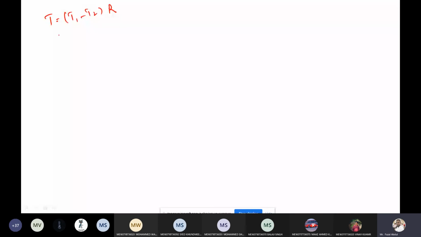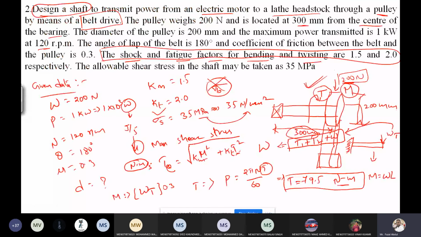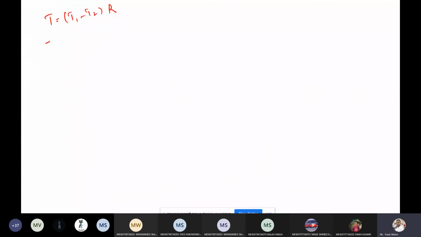The total torque we just calculated is 79.5. So 79.5 equals T1 minus T2 times R. The diameter of the pulley is given as 200, so the radius is 100. So T1 minus T2 is 79.5 by 100. This is the first case.